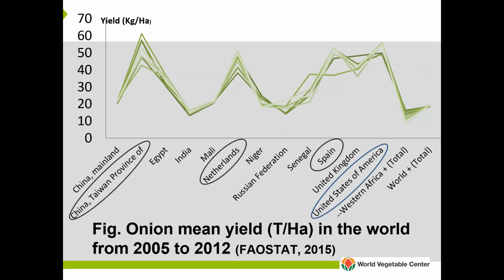We just wanted to show the fluctuation in yield according to the country. For a developed country like China, yield of onion can reach 60 tons per hectare, while it's only 20 tons on average for developing countries such as Mali, Senegal and Niger.